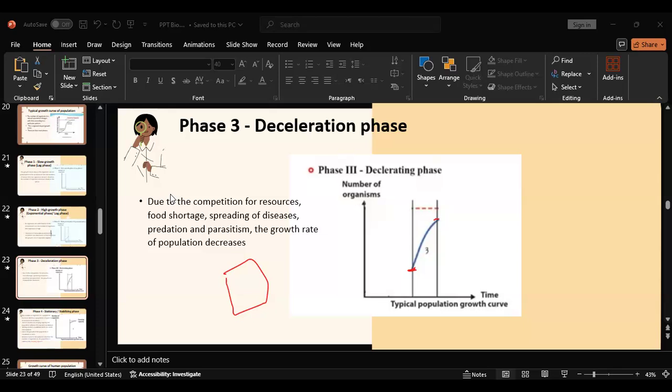And also because of consuming different kinds of food which are toxic, which are not good for the organisms, different kinds of diseases will arise. And also we can say predation. Because of the predation, the organisms gradually decrease.